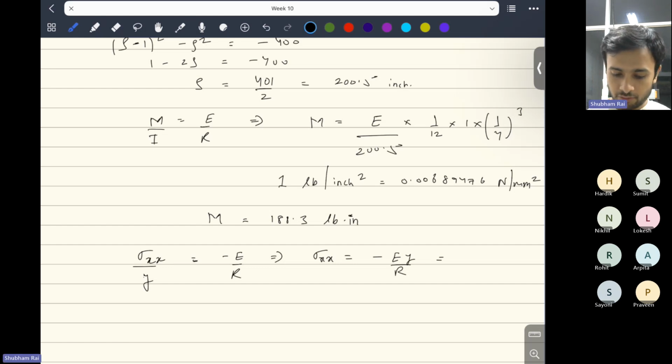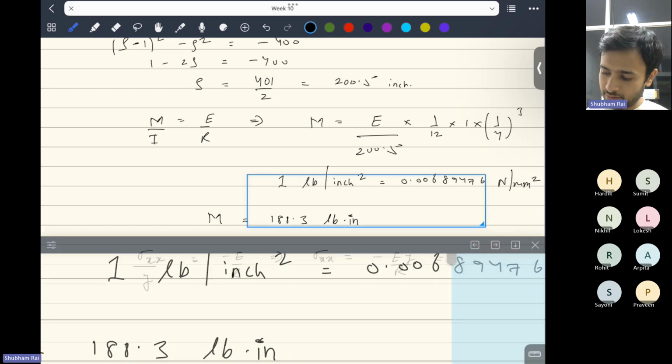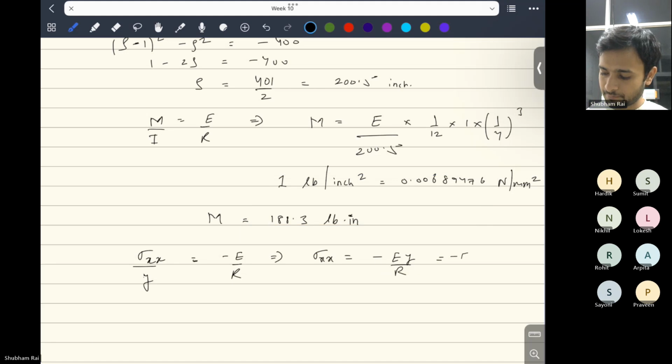Okay. And so this will be minus E times y. We will be interested in maximum stress, so this y should be the maximum distance from the neutral axis. Neutral axis will coincide with the centroid here, which is at the center line of this bar.